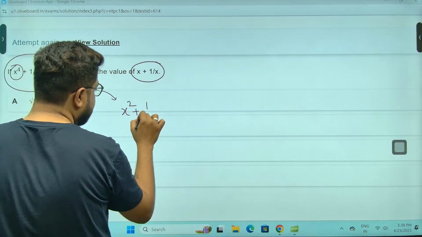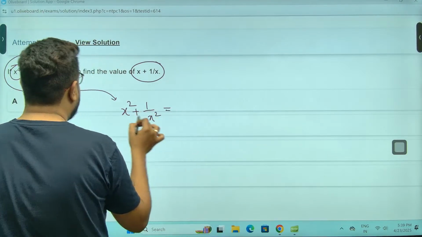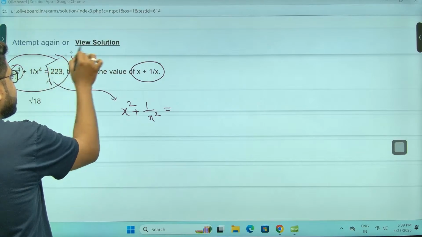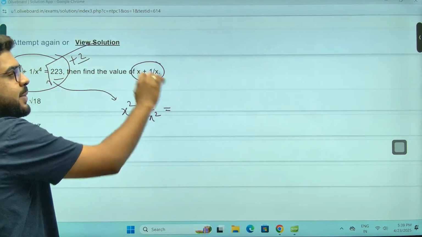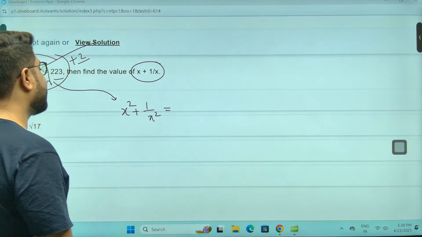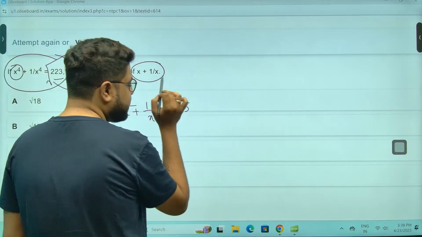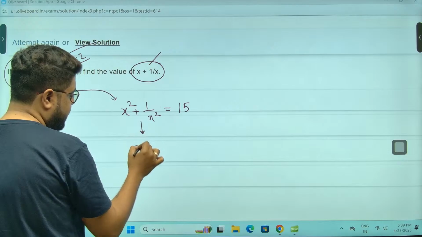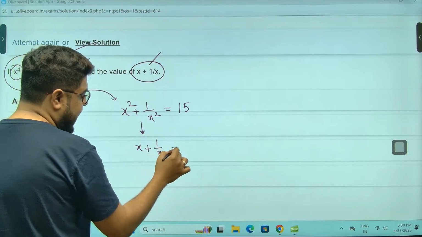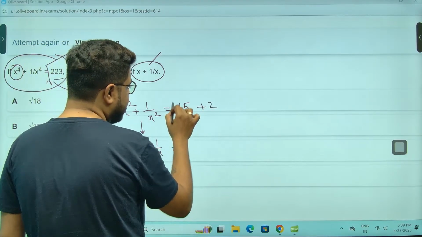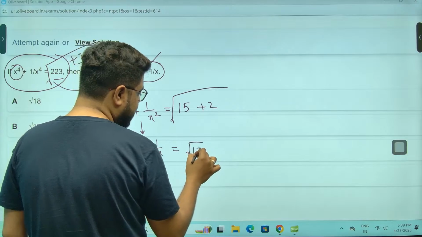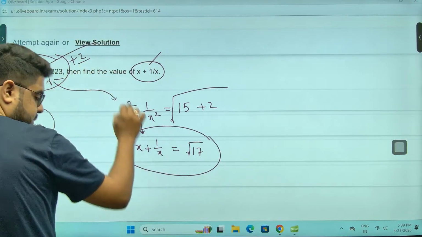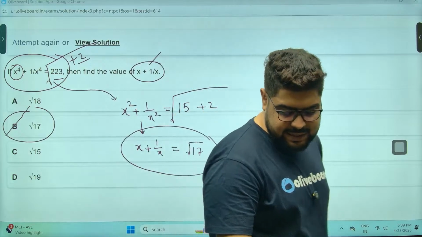Sir, always, how to come opposite? Add 2 to this and take the square root. 223 plus 2, 225. Take the square root, that is 15. Now how to get to this? Add 2, take the square root. Root 17, positive one only. Option number B. Done.